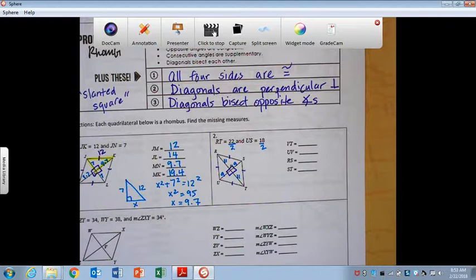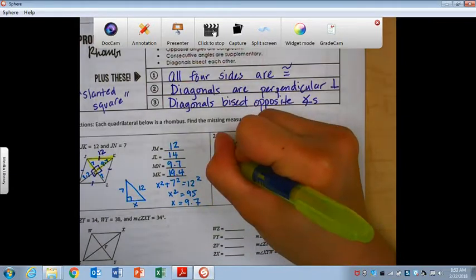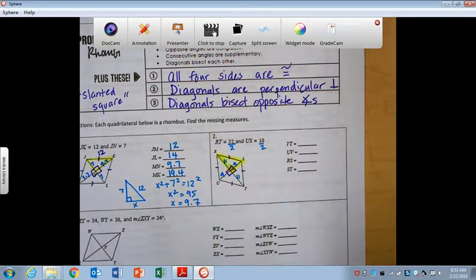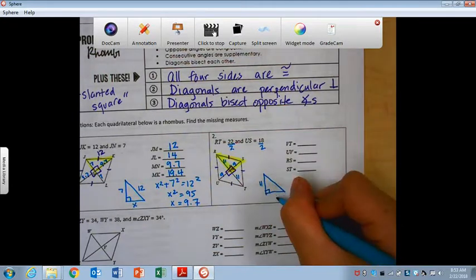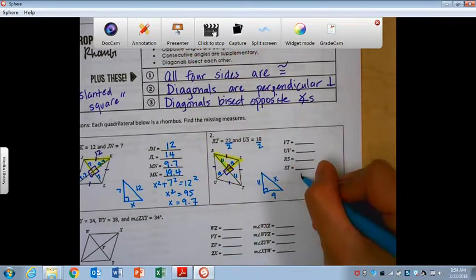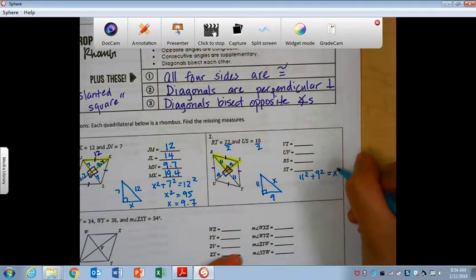Okay, so same deal again. You want to highlight a right triangle so you can solve for the missing piece. This time we're solving for the hypotenuse. 11, 9, and then that's your x. So 11 squared plus 9 squared equals x squared.